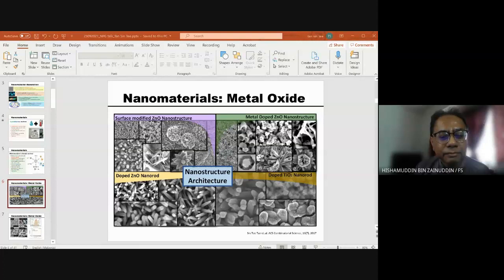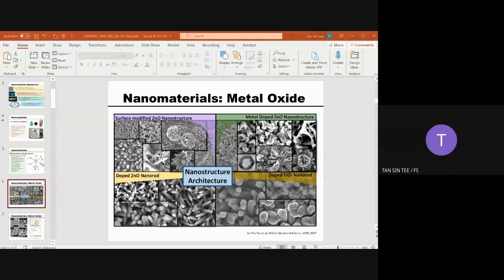Okay, thanks for Dr. Hisham's question. It's a very nice question. For the nanostructure design and architecture, for sure we have a theory behind it. For those in material science, if they want to alter the structure, for example from nanoparticle to nanostructure, we can use different kinds of approaches.